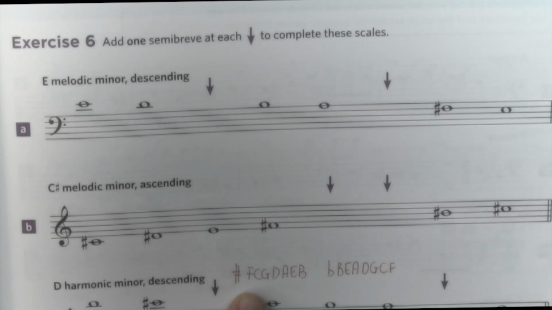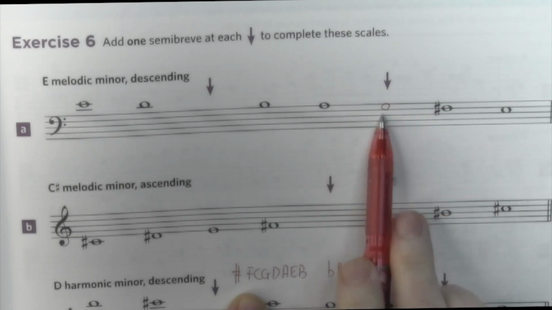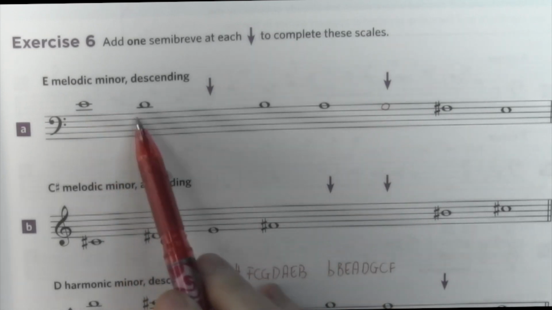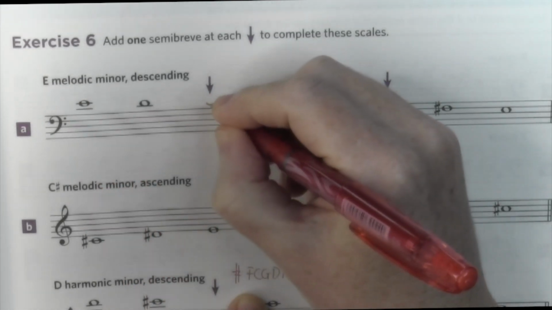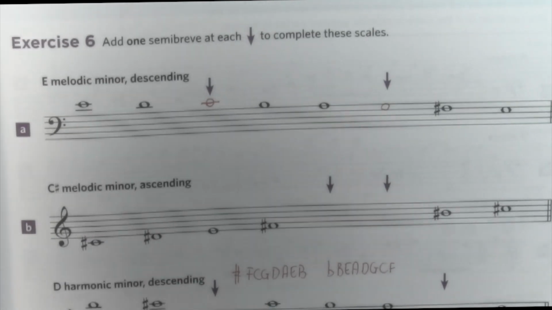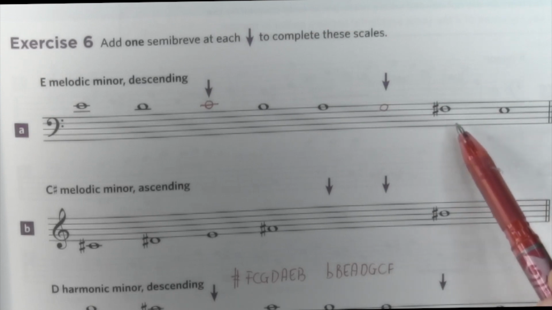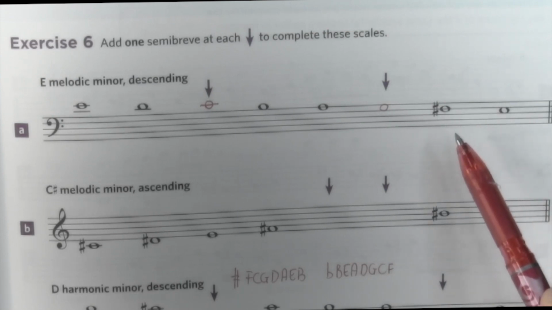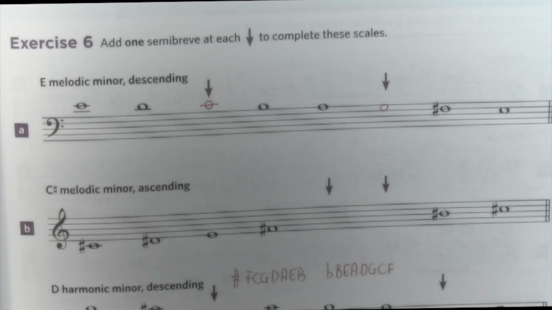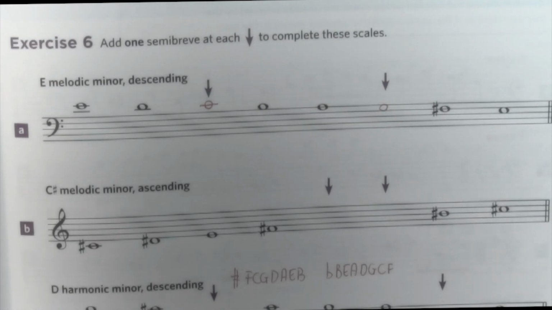So we write a note here in between, that's G, Mi, Re, Do. Okay, here it is. That's the scale. This is melodic descending. And why? So let's go back to what I said. The melodic descending scales have just what they have in the key signature, and in this case it's Fa sharp. That's it.